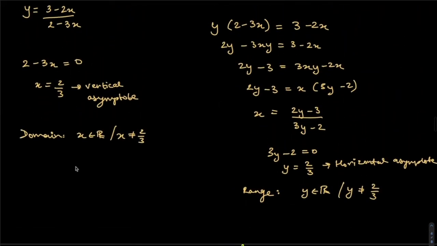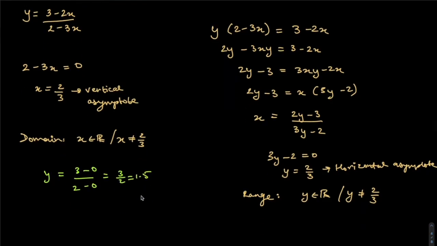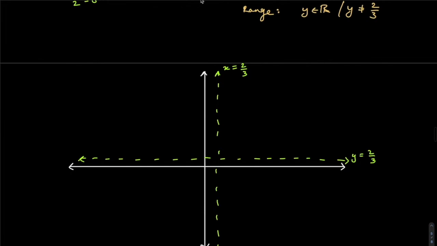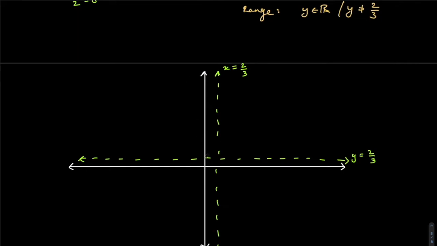If I take the y-intercept now, what I get is (3 minus 0) upon (2 minus 0). So I get 3/2 or 1.5. So (0, 1.5) is a point on this curve. This is 0 comma 1.5, and this is 2/3, that's like 0.67.